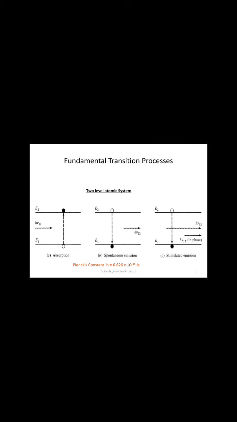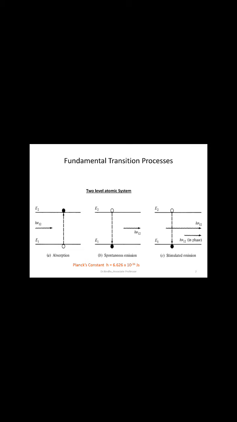So when I want to do a laser action, I need three different processes. I'll take a two-level atomic system, where three different transitions take place. First is the absorption, which I've explained now. Second is the spontaneous emission, which means the absorption has occurred and it goes to the higher energy.